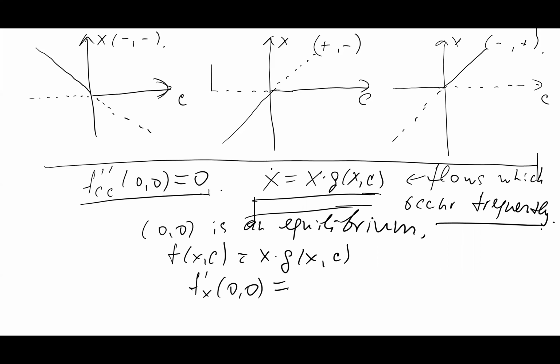So the derivative is equal to x times derivative of g over x at 0, 0, which is 0, plus 1 times g of 0, 0.